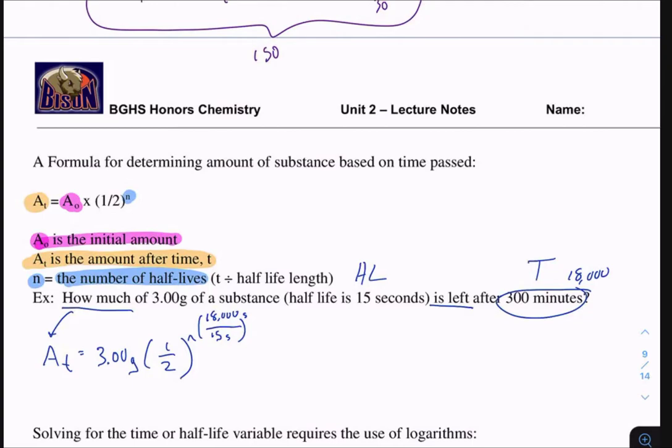So, okay. When you plug this into your calculator, it's important that you have parentheses where they should be so that your order of operations is correct. All right, so plugging this into the calculator, I would type in 3.00 times 1 divided by 2, and then raise it.